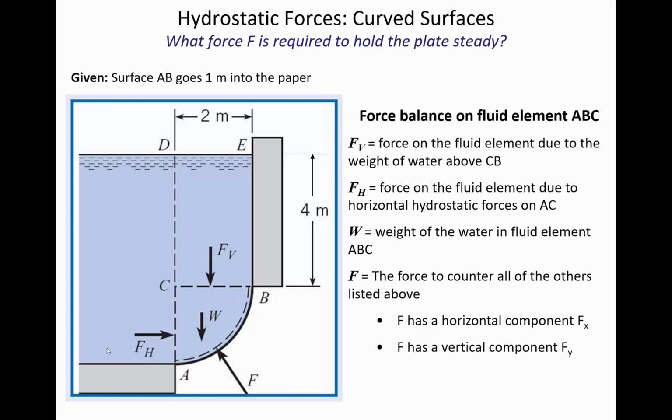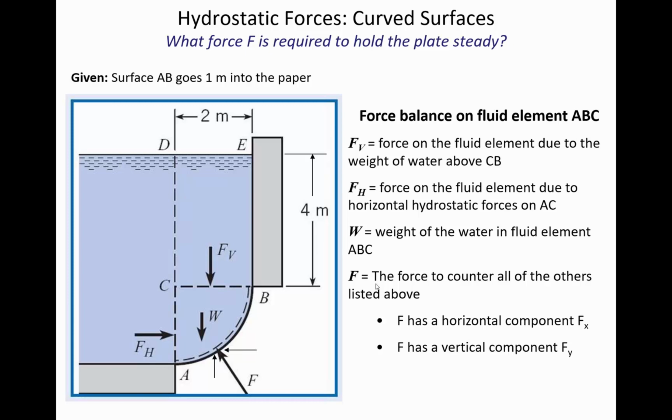Of course, we don't see the 1 meter of width looking at it from this view, but if we change our perspective and we're looking at the gate from the front, then we would see 1 meter of width. So to find FH, we're going to act as though this hydrostatic force is acting on a vertically oriented gate that is 2 meters tall and 1 meter wide.